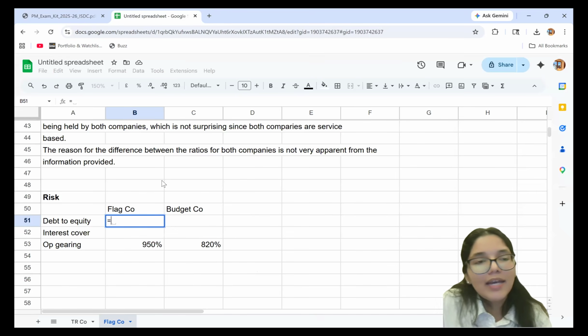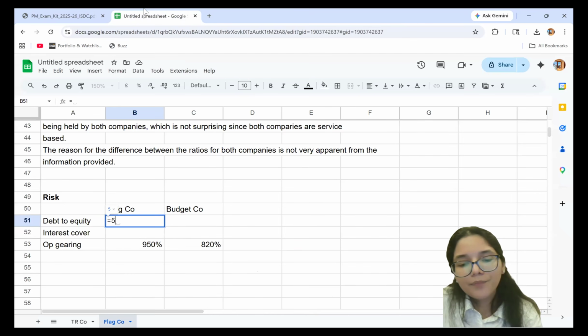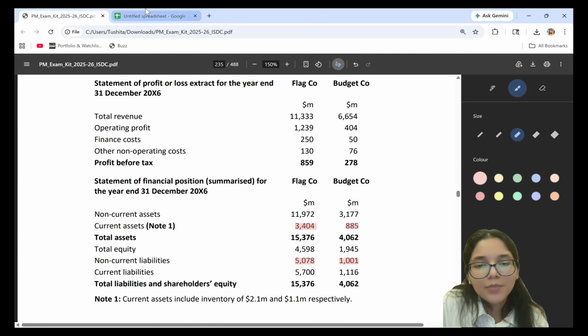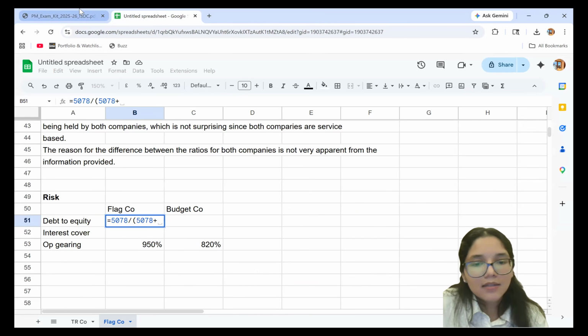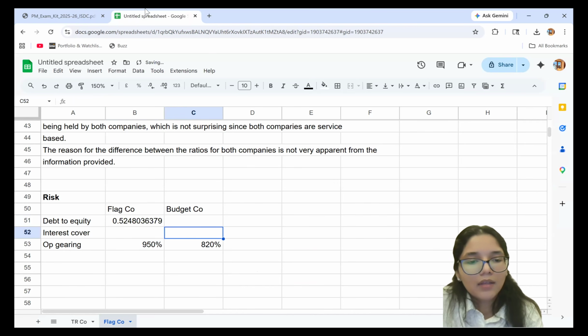For debt to equity, I will first take the debt, that is 5078, and I will divide it by the total. So 5078 plus equity, which is 4598.